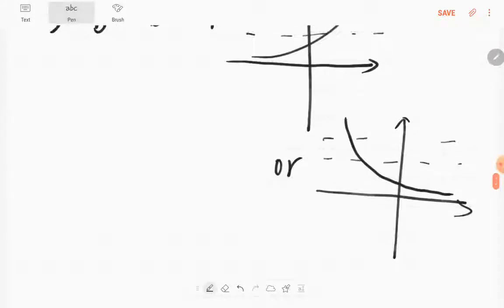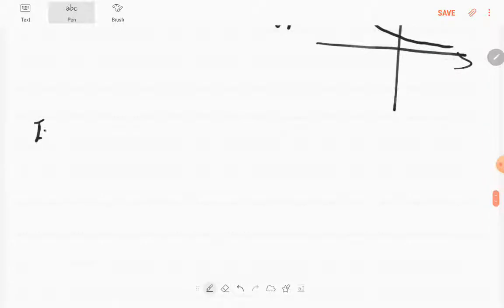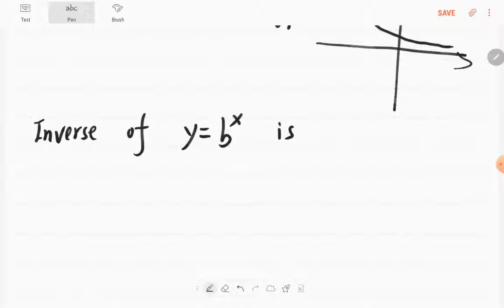So what is the inverse function of y equals b to the x? We just swap x and y, so it becomes x equals b to the y. This is the inverse function of y equals b to the x. But in general, we like to write y equals something. Can we write this as y equals something?